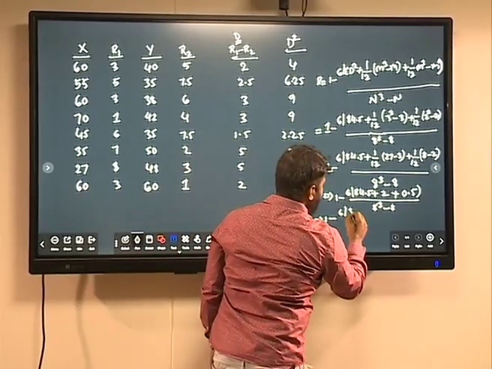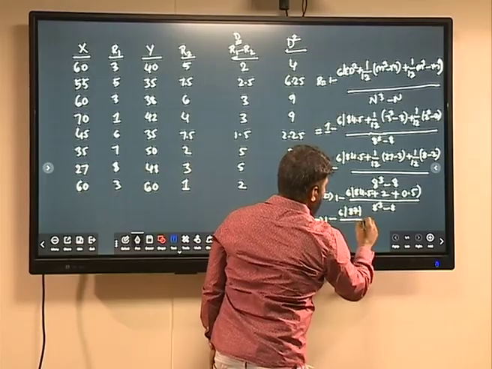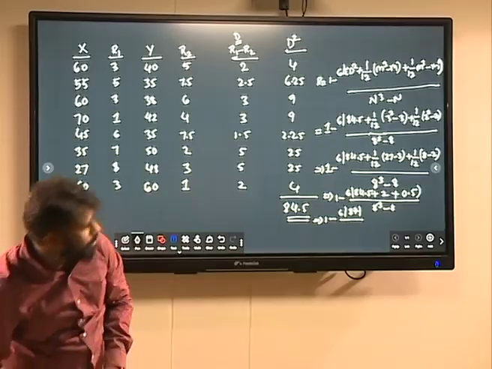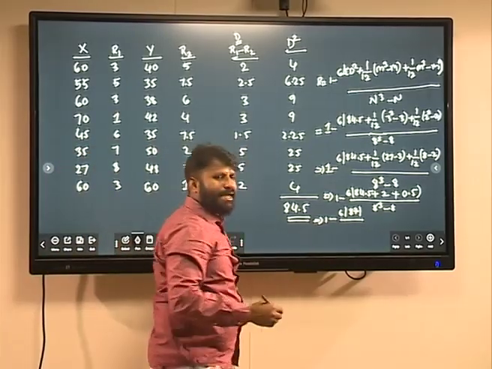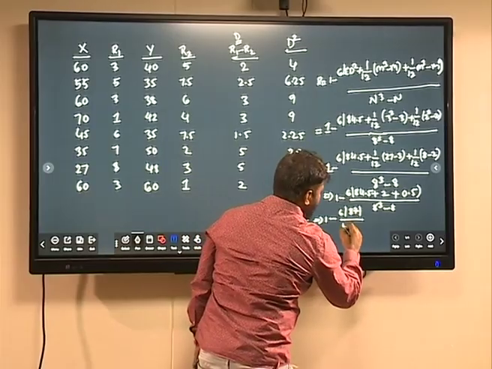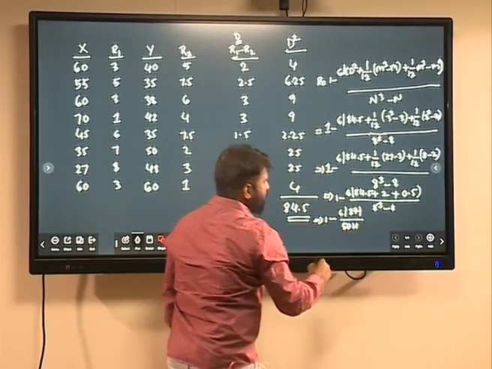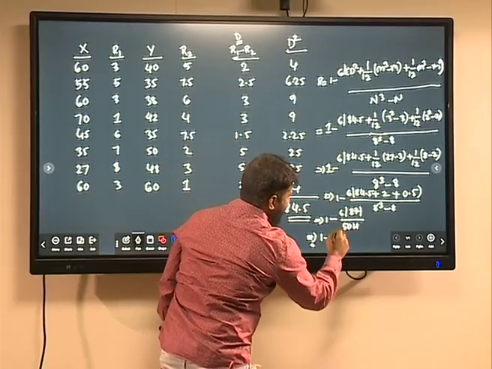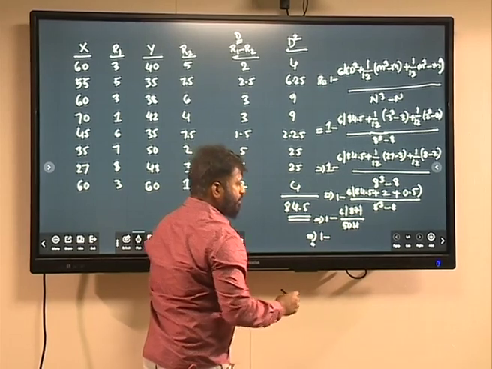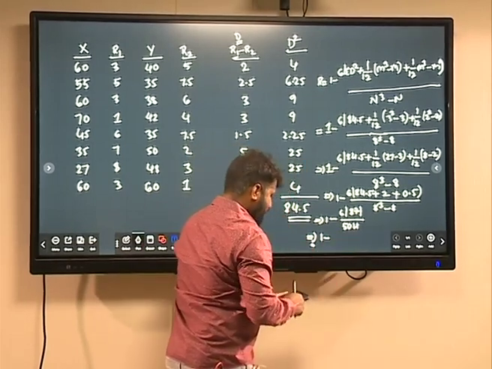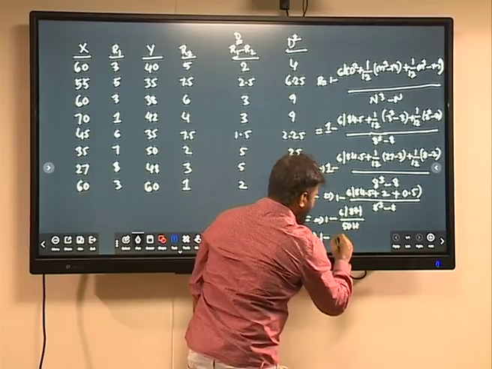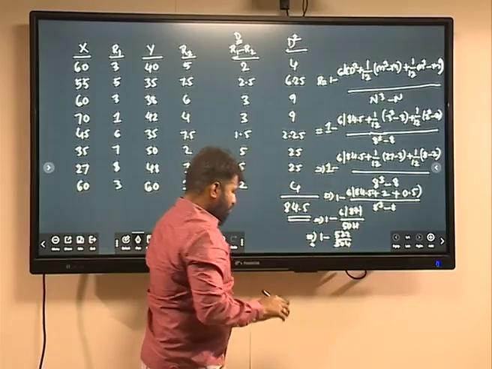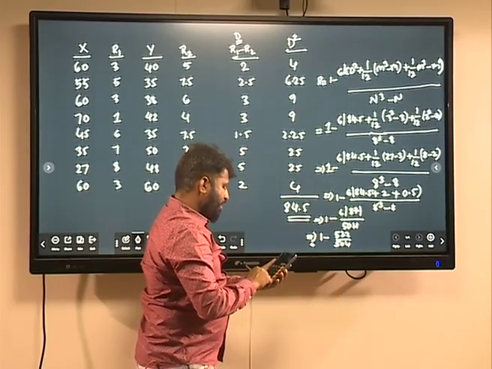So, that 87 is the value, and next one is 8 cubed, that is 64 into 8, 512 minus 8, 504. So, this is the value. Last step, 1 minus 6 into 87, that is 522, divided by 504.